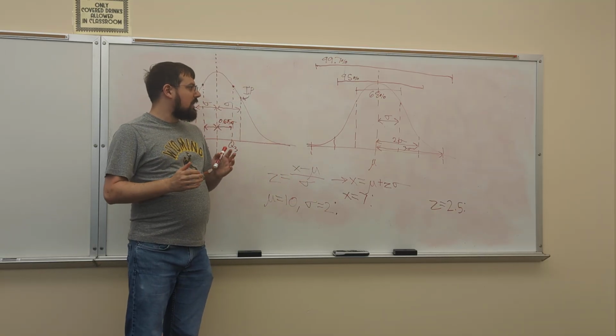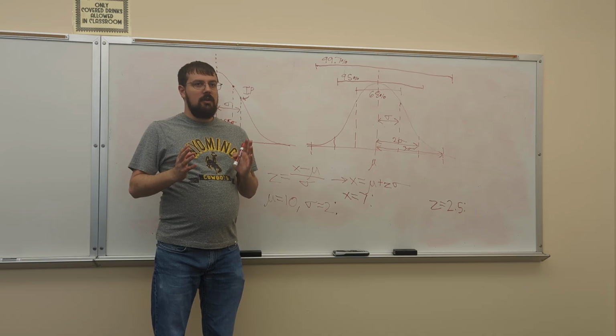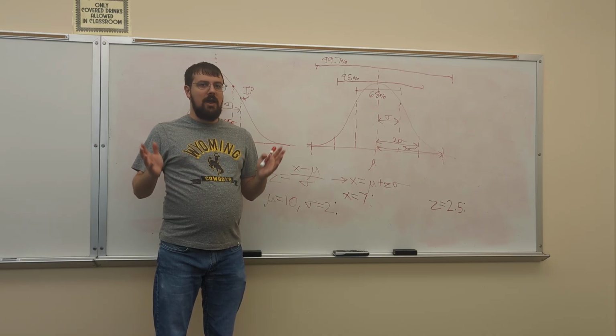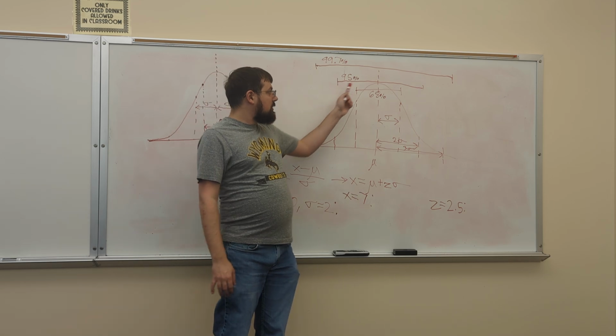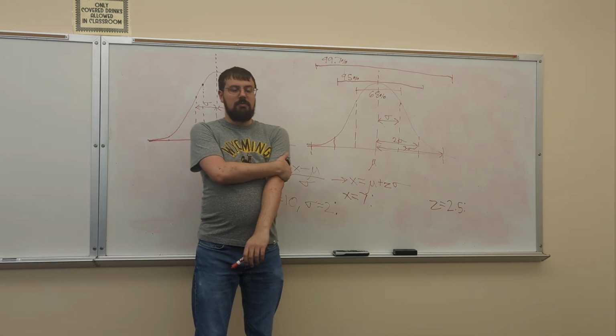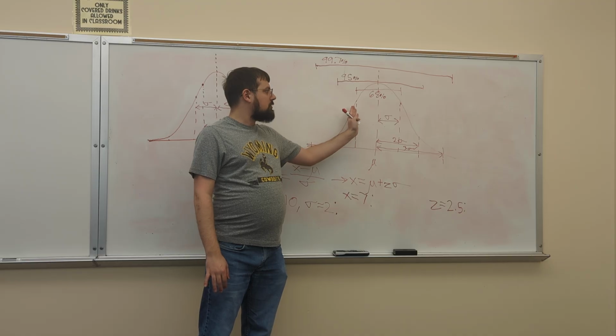When we have normal data sets, we can make some generalizations about how far away our data is going to be from the mean. Because of the way these normal curves are shaped with this bell-shaped curve, most of our data is going to be concentrated close to the mean.